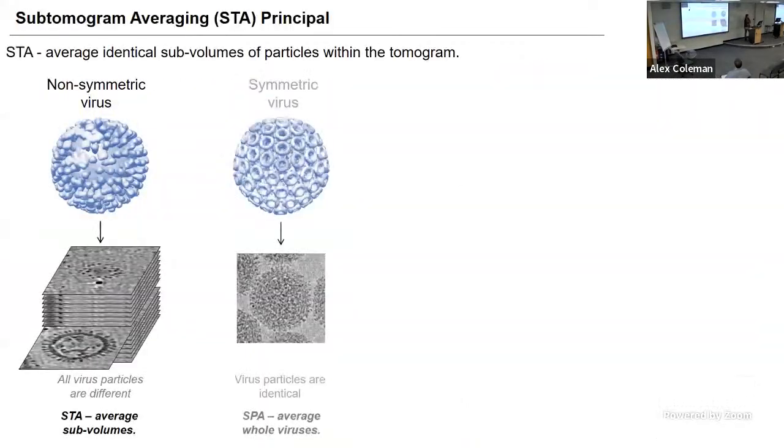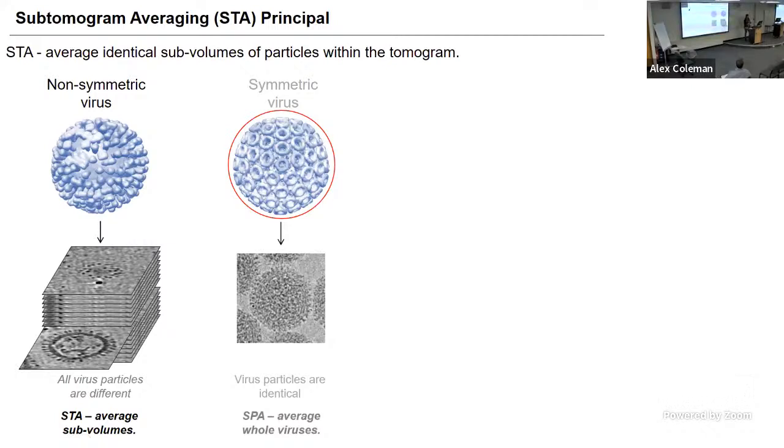That's all very good, but that gives us a nice image of our virus, and it doesn't really give us much detail on what our glycoproteins actually look like. So to do this, we do another process called subtomogram averaging, where we align and average thousands of different subtomograms or subvolumes.